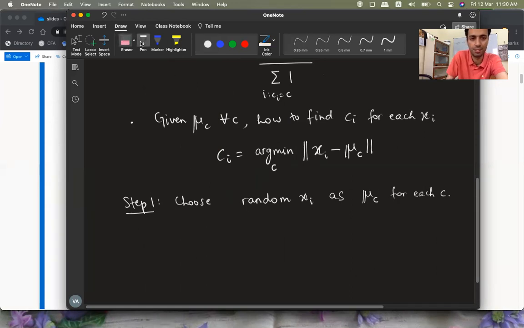Choose a random xi as mu c for each c. Then step 2.